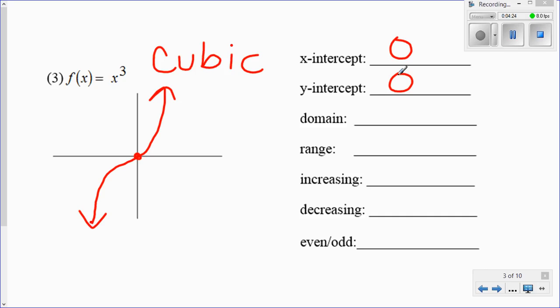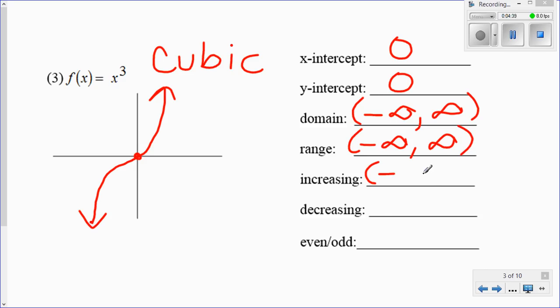The domain here is all real numbers, or negative infinity to infinity. Same with the range. And this particular function, again, if you look at it from left to right, is increasing from negative infinity to infinity. It does not decrease. And this is actually an odd function. Again, it's symmetric with respect to the origin, or if we rotate it 180 degrees, we would get the same graph.